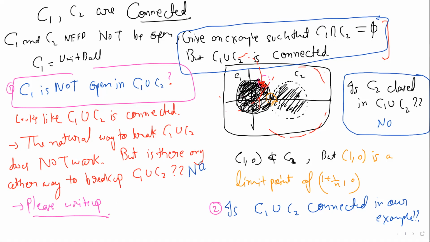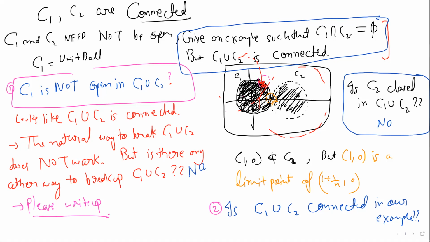Is the argument clear to everyone why there is no other way to break up C1 union C2? Raghav and Rishabh, both of you, is it clear? Okay, good. Yes, please write the proof, because that is the way to learn.